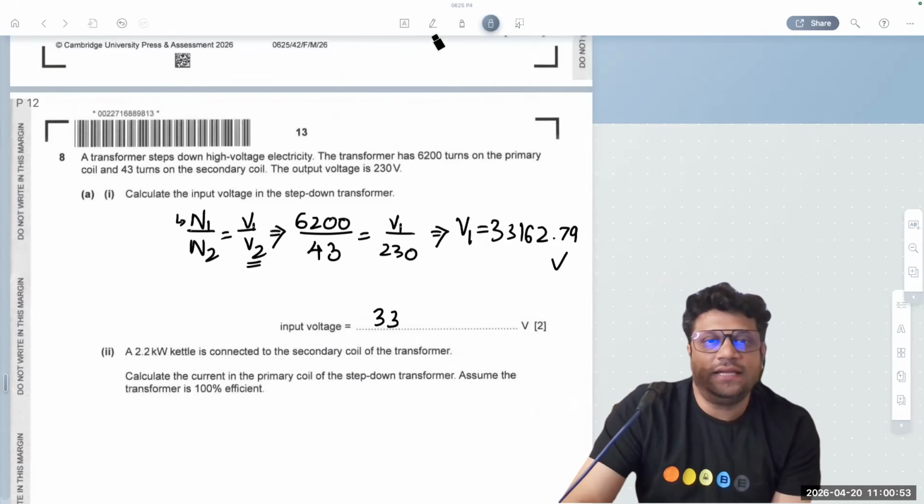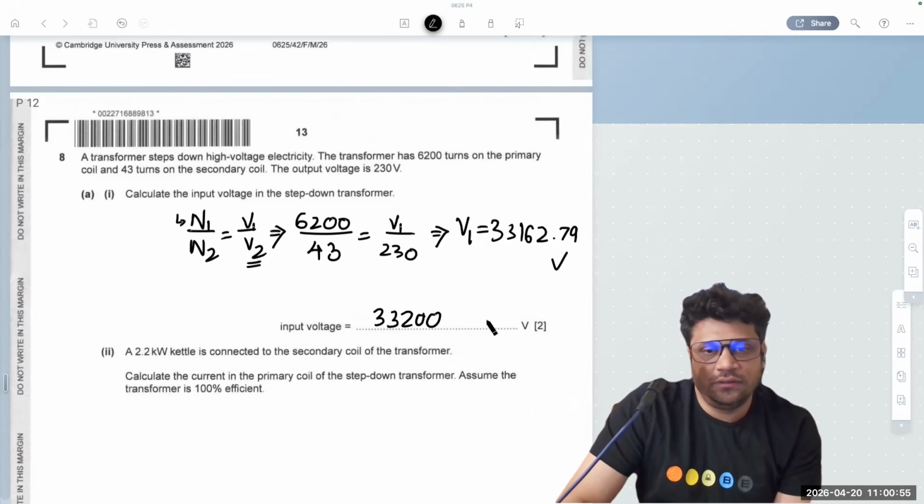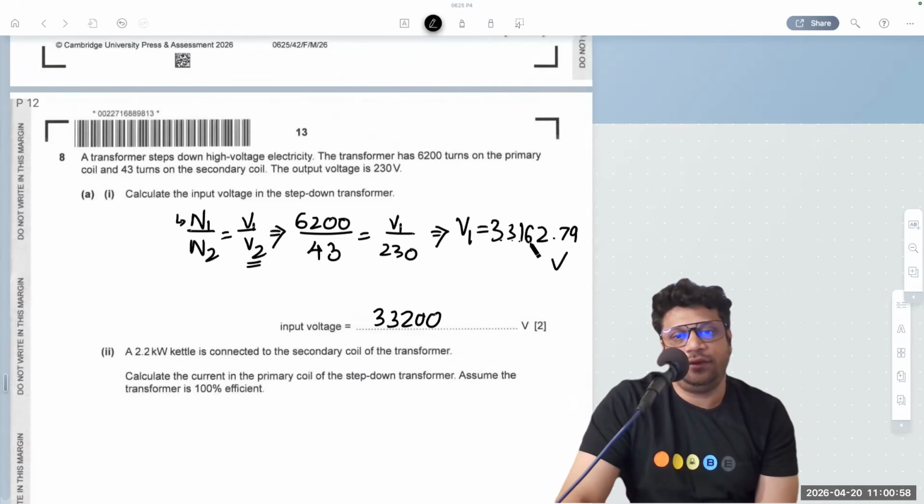Maybe I can change it to 33200 volts. That looks all right. 33200 volts.